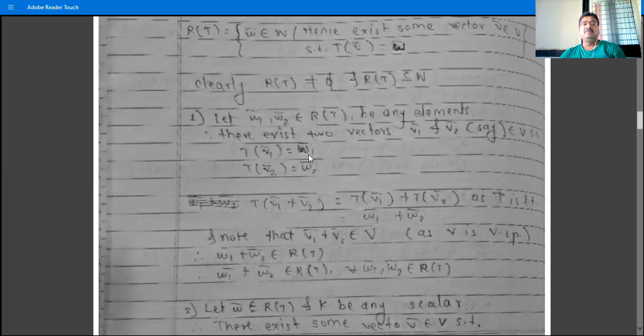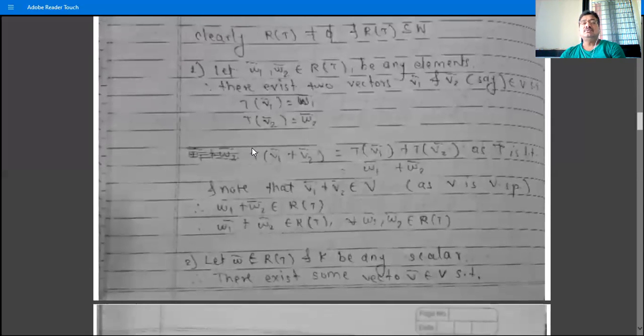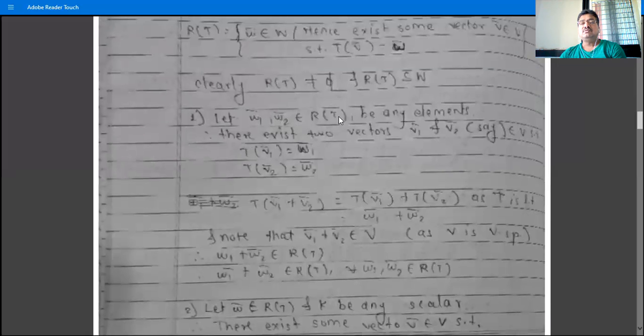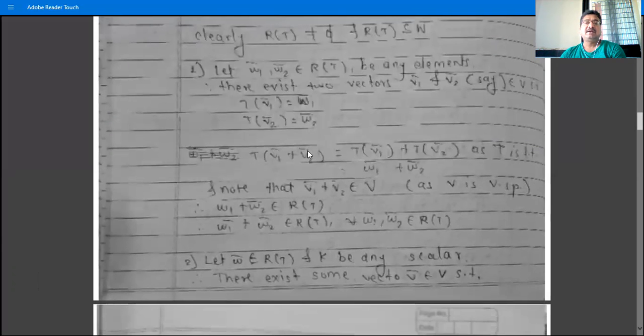This bar is not essential; we can write these elements either with or without the bar. So W1 and W2 are elements of R(T), and so they have pre-images. V1 and V2 are the supposed pre-images of W1 and W2.